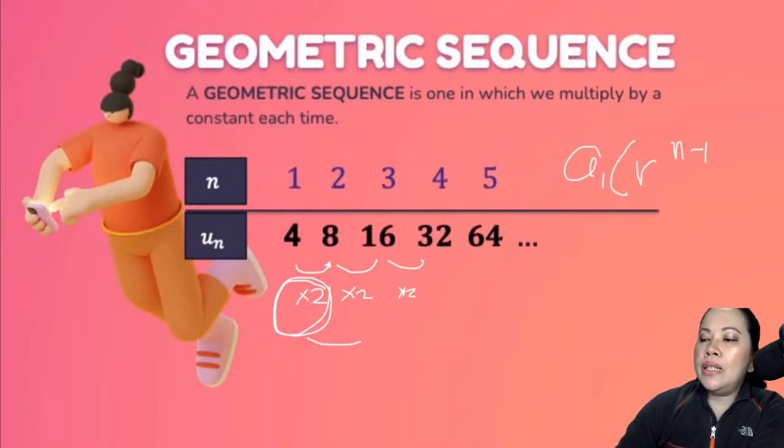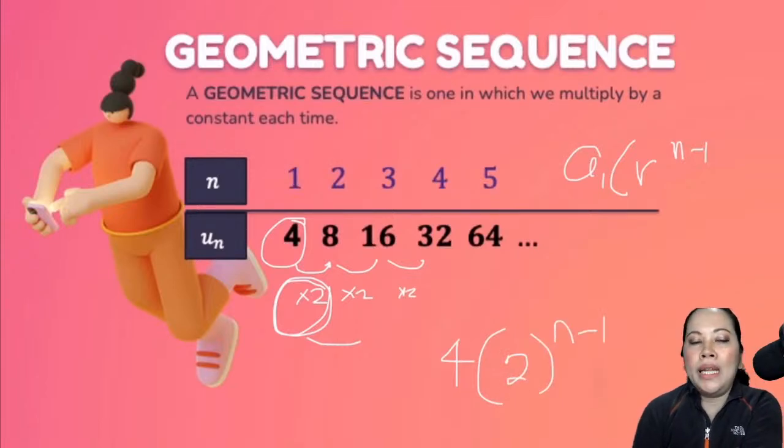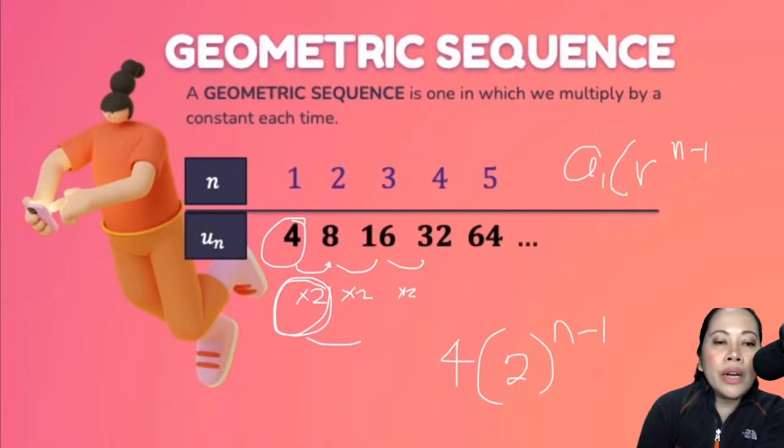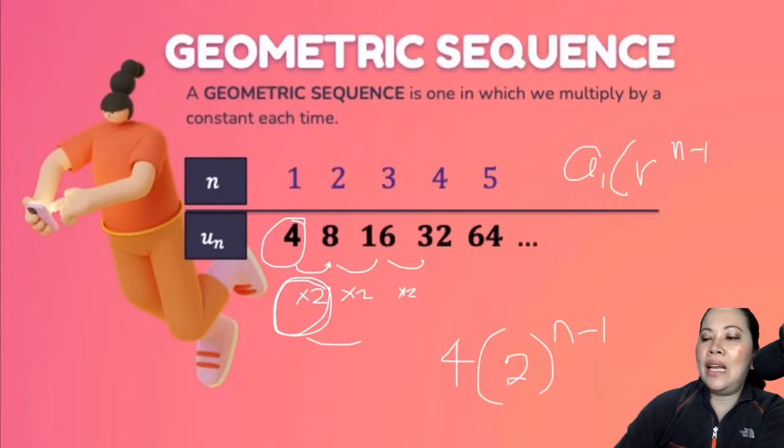For this case, the first term is 4, so you have 4, bracket, the common ratio 2, raised to the power of n minus 1. And that is already your nth term formula for the geometric sequence. Again, n here is your position term.